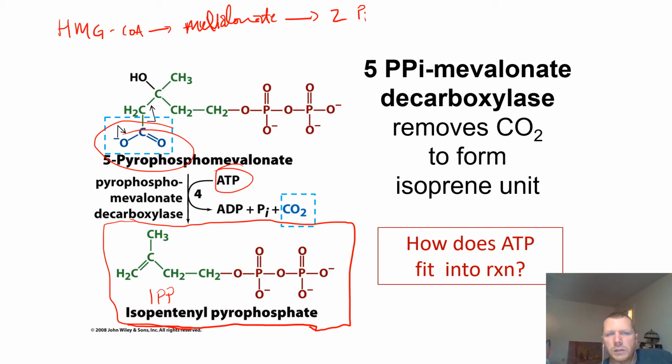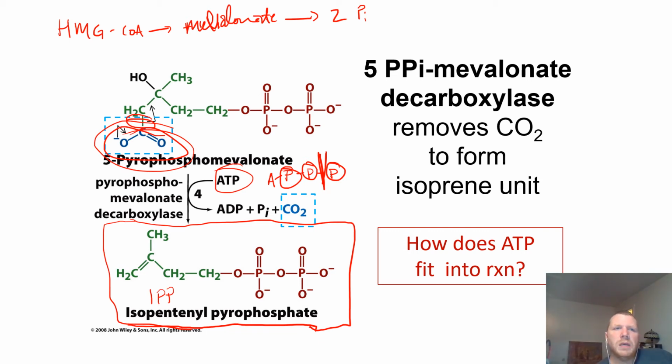So we're not doing any sort of phosphotransfer. All that we're doing is, I'm just going to make P, P, P. So there's our ATP molecule. We're breaking this bond right here, and we're using the energy from breaking that bond to break this bond right here and remove that CO2 molecule. Okay, so that's how ATP fits in there.